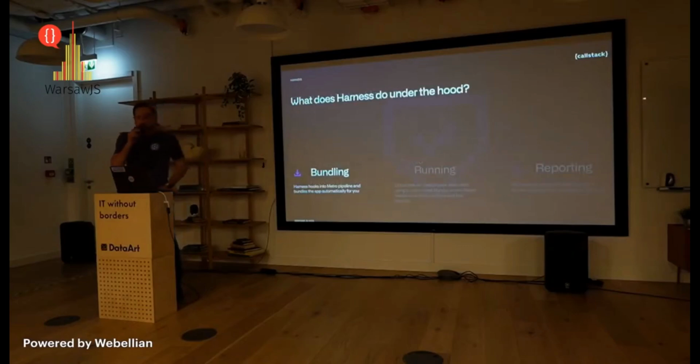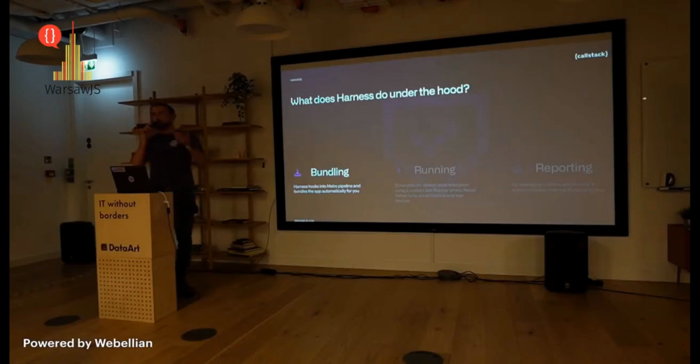So, how Harness works under the hood, if you're interested. Now a deep dive into how Harness works. First of all, if you know how React Native applications are made, you know that there is a Metro bundler used in them, which is basically Facebook's equivalent of Webpack or Vite, or Parcel, for example, if you have ever used Parcel.